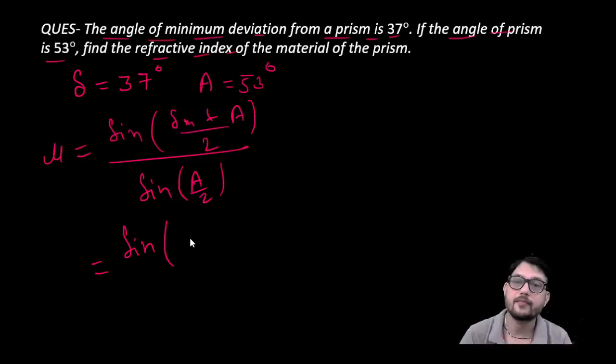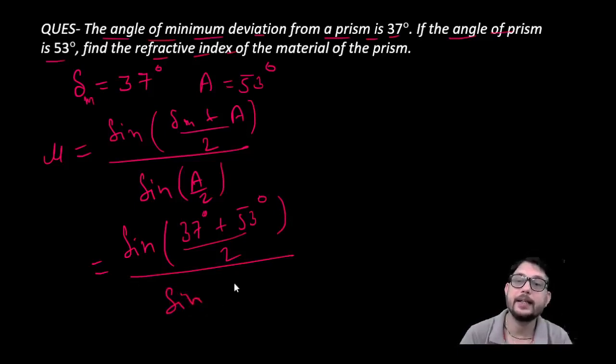Delta m is 37 degree, plus A, that is 53 degree, and the whole divided by 2, and divided by sine A by 2, that is again 53 degree divided by 2. Okay, now you can solve this.